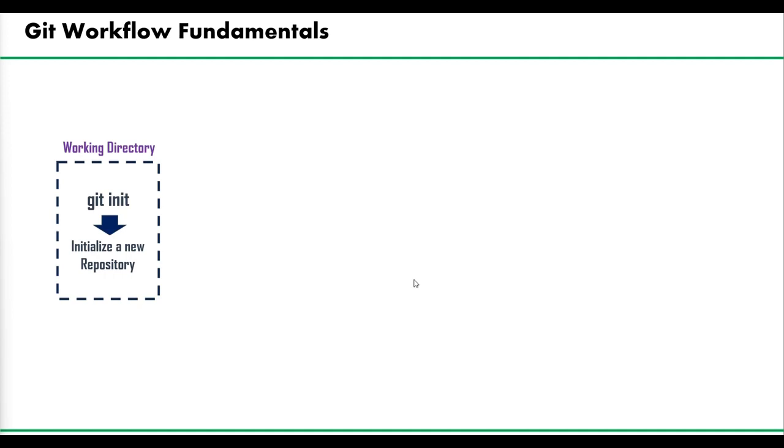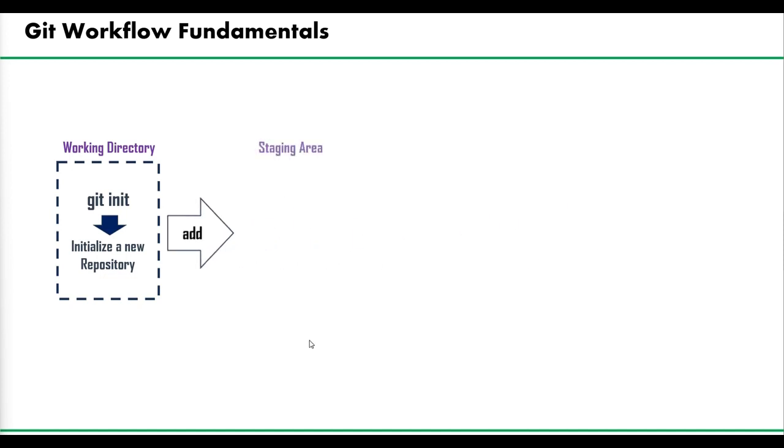Then we use the git init command to initialize a new repository here, or let's say connect it to Git itself, but it's still empty because we haven't done anything. We create an empty repository, and you need to do other things in order to go to the next step.